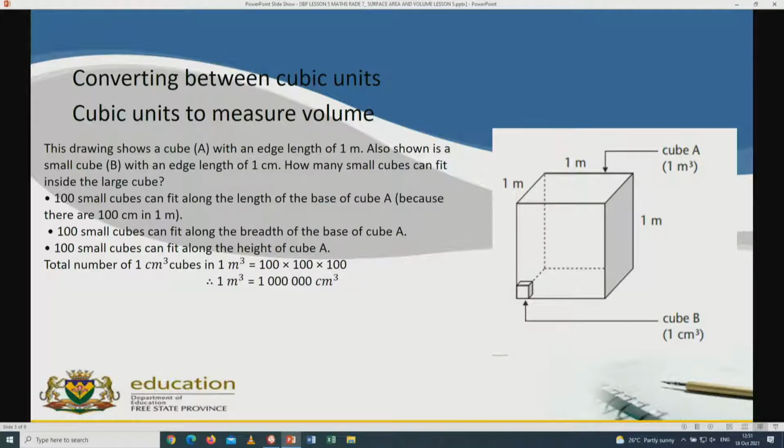So if we calculate the volume of the big cube filled with small cubes, it will be 100 centimeters multiplied by 100 centimeters times 100 centimeters. And therefore, 1 cubic meter will be equal to 1 million cubic centimeters.